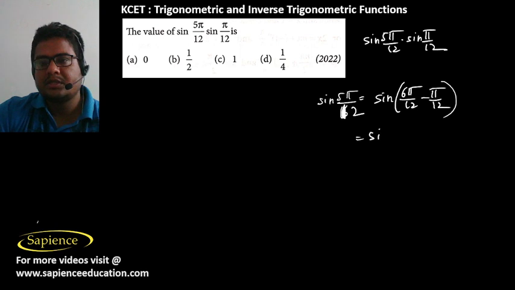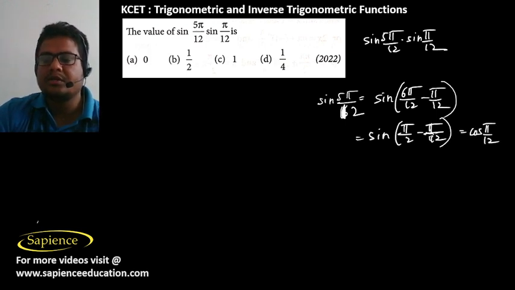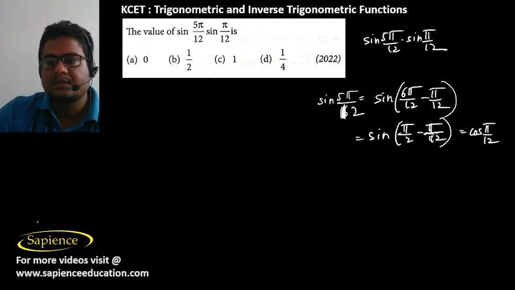So this will be sine pi by 2 minus pi by 12. So this will be equal to cos pi by 12, since we know that sine pi by 2 minus theta is equal to cos theta.